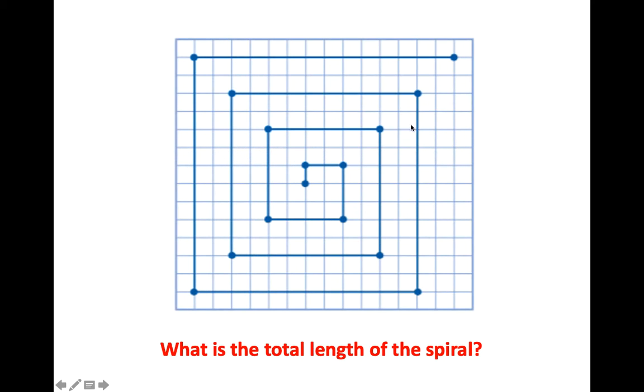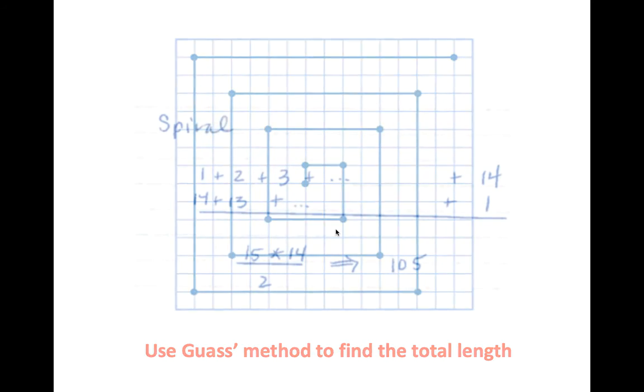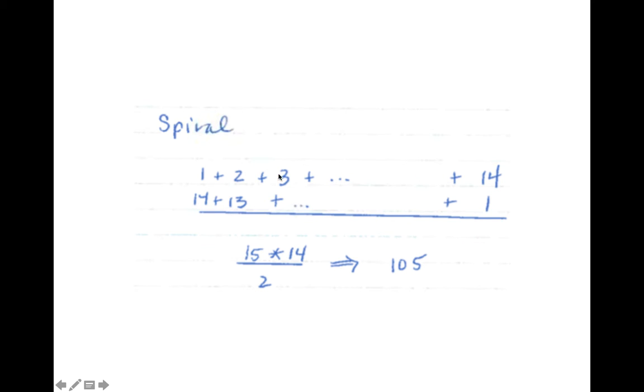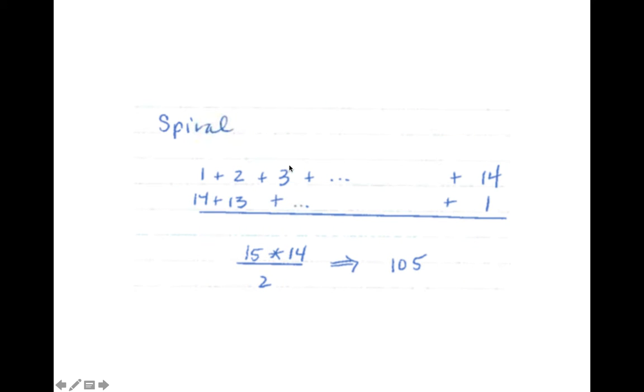Let's say we try it one more time, and this time on the total length of the spiral. We've got a 1, a 2, a 3, and a 4. So what if we took all those numbers and added them together? Let's try Gauss' method. It goes all the way to 14. The last number in the pattern along here, if you pause the video and count, is 14. So he's adding all the numbers from 1 to 14.